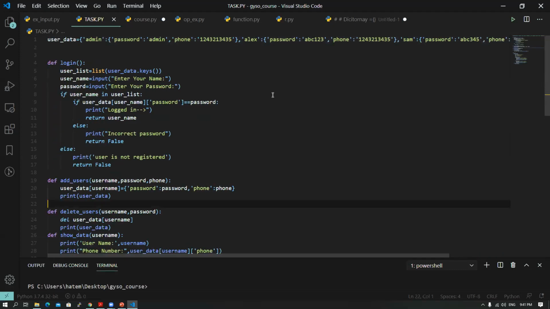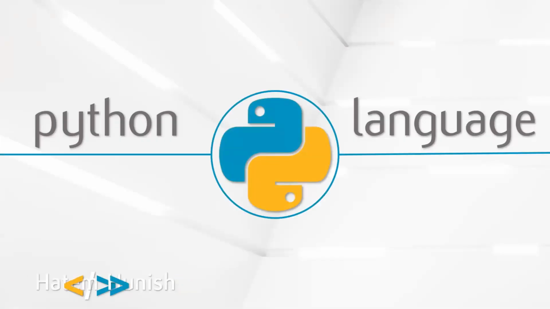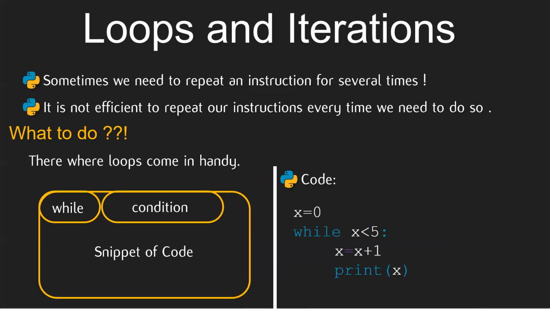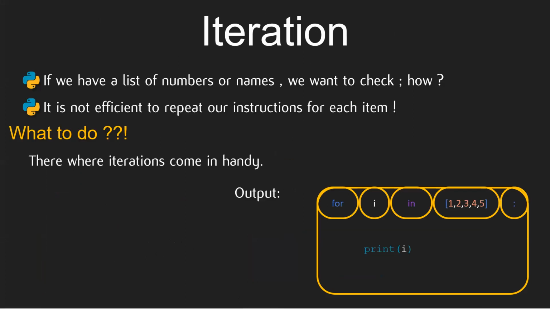One of the solutions is to save the data into a text file or an Excel file. Let's discuss this later. For now, we'll be discussing the last point in our slides, which is loops and iterations.